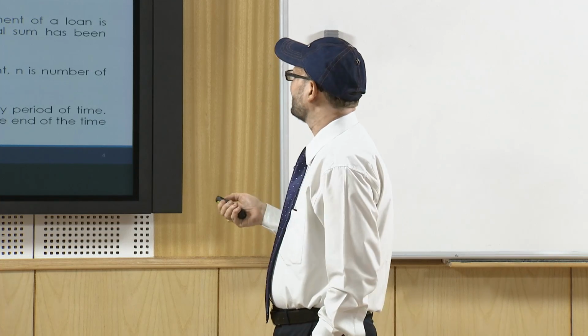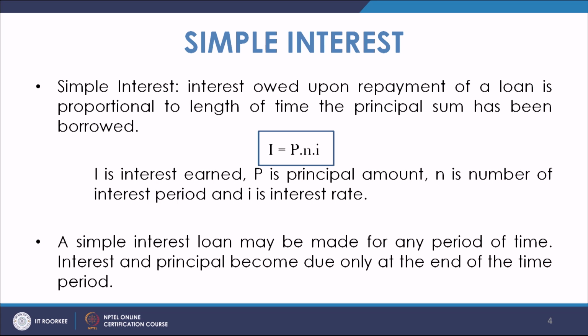Simple interest calculation, as we know, I is P, the principal amount, multiplied by N, the number of interest periods, and small i, the interest rate.